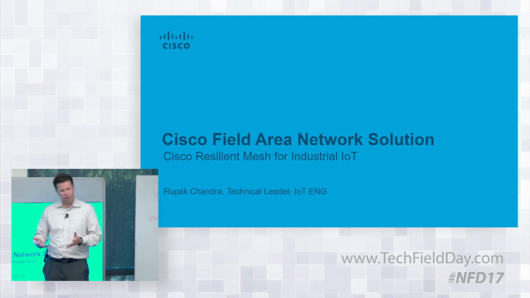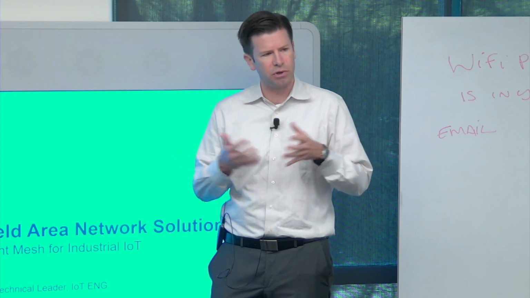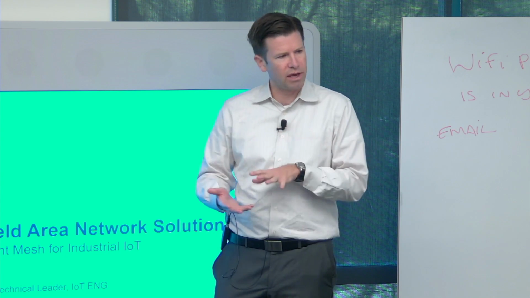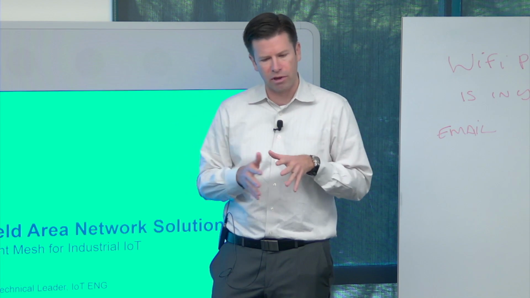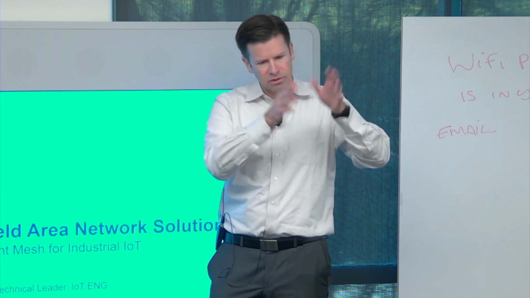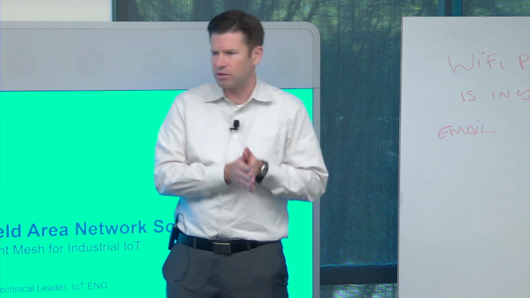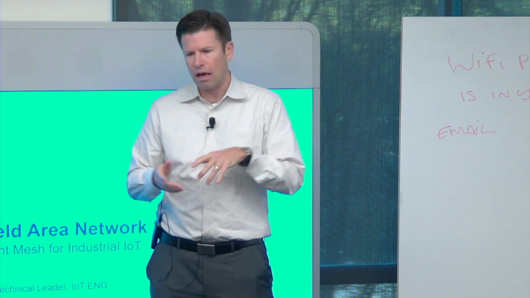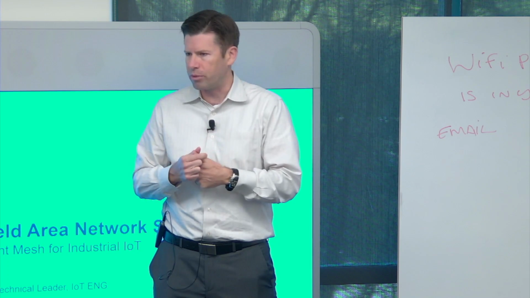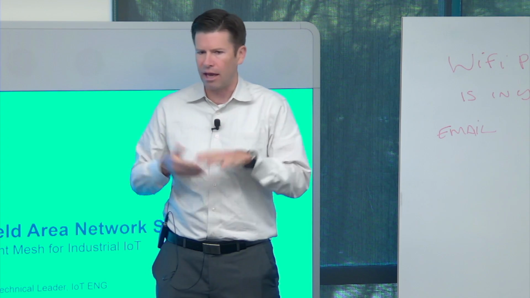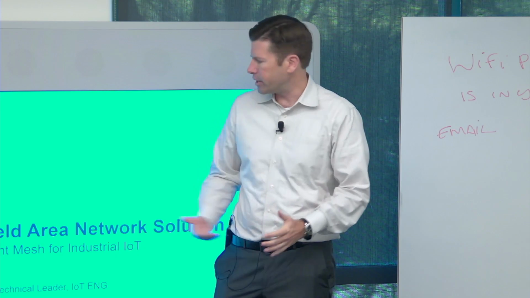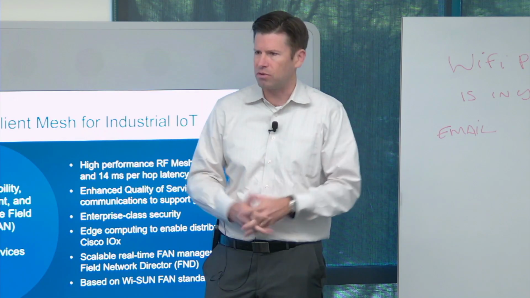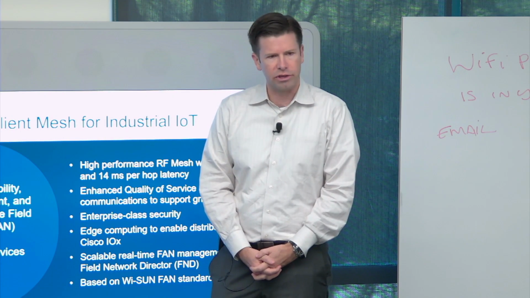The reason why we entered this space is that vendors have been building wireless mesh networks for the utility space for several decades. We saw the industry was transforming from proprietary, single-protocol, single-application use cases towards multi-service architectures that need more interoperability, enterprise-class security, and much more resilient communications and high availability, so you can expand across a wider range of use cases within the utility grid.